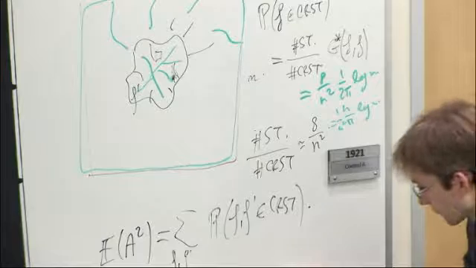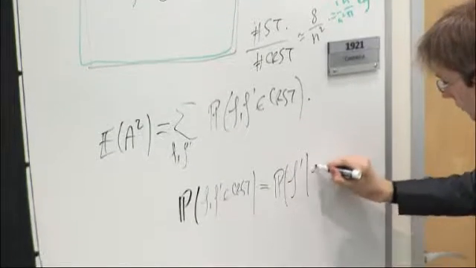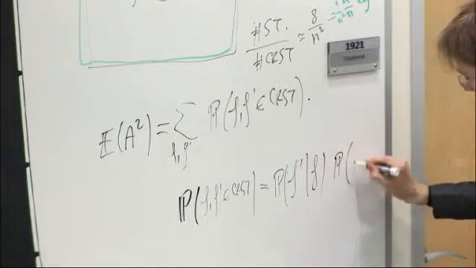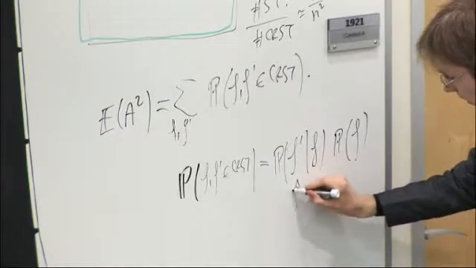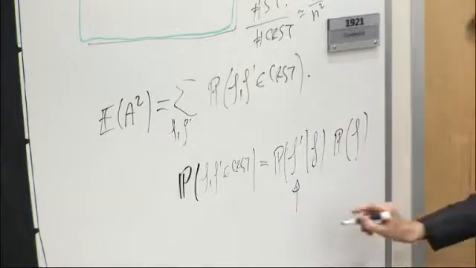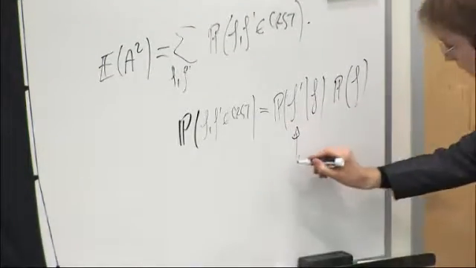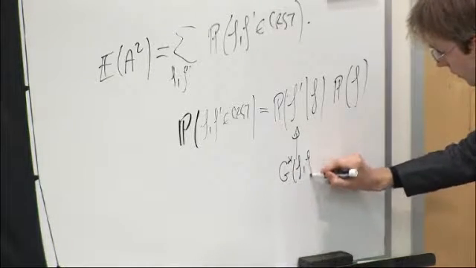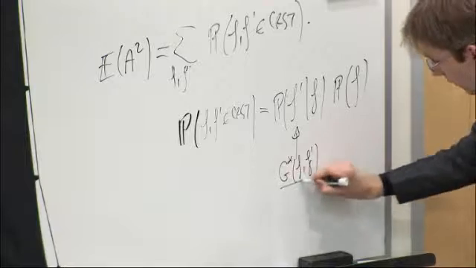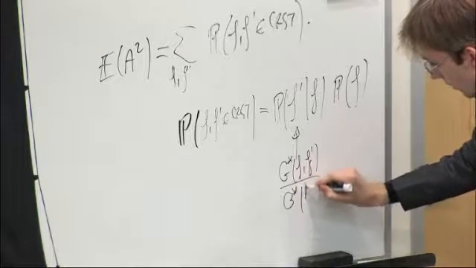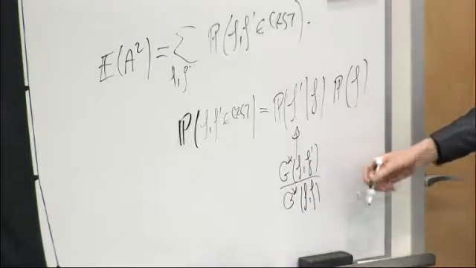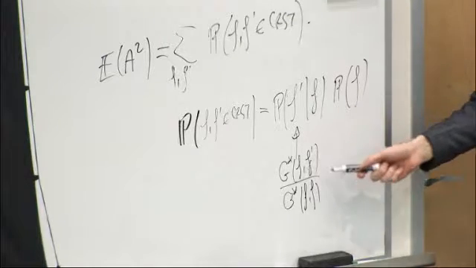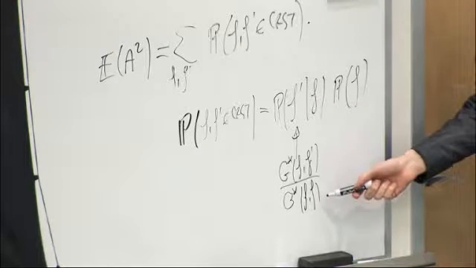So the conditional probability here will just be this harmonic function, which you can write in terms of Green's function as this ratio of g star evaluated at f prime divided by g star at f f.